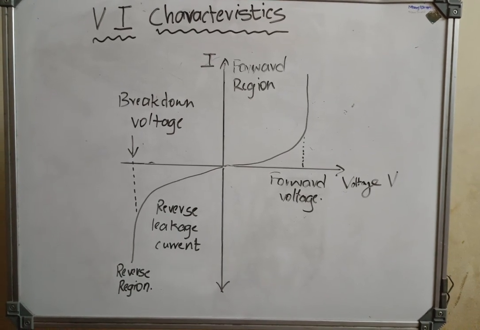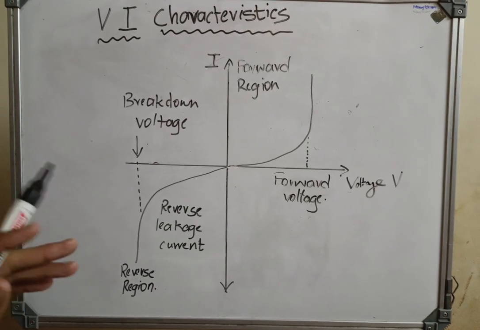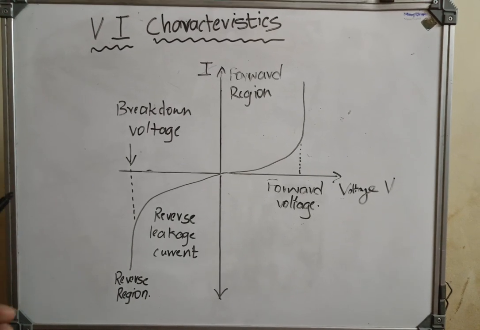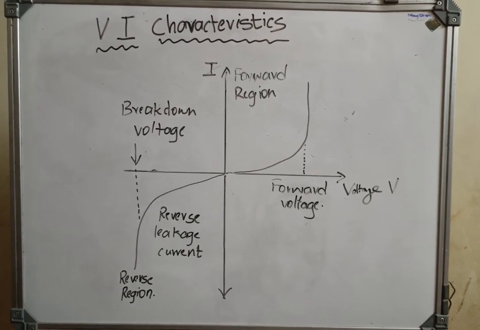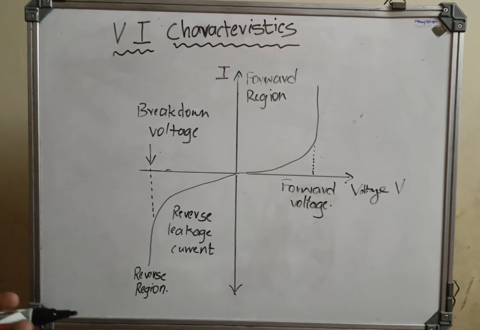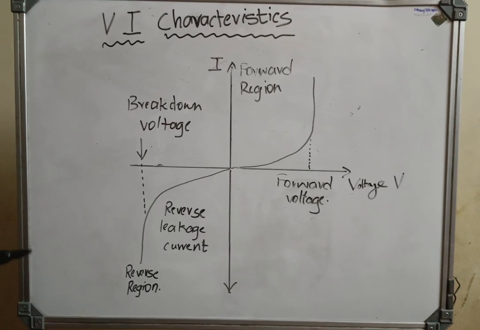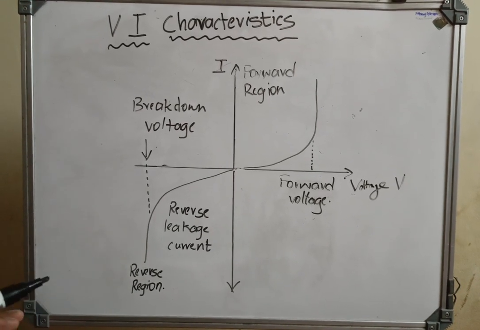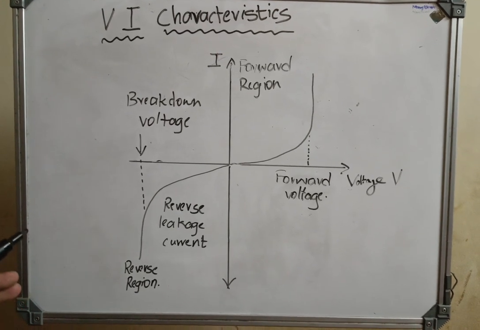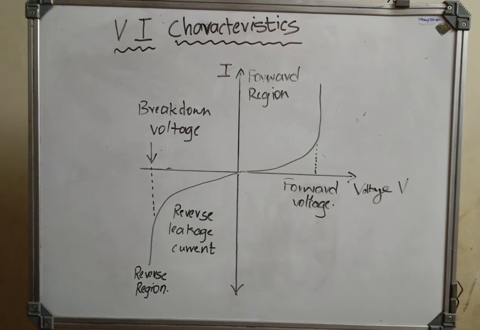When the p-n junction diode is in forward bias condition, the p-type is connected to the positive terminal, while the n-type is connected to the negative terminal of the external voltage. When the diode is arranged in this manner, there is a reduction in the potential barrier. For silicon diodes, when the voltage is 0.7 volt, and for germanium diodes, when the voltage is 0.3 volt, the potential barrier decreases, and there is a flow of current.